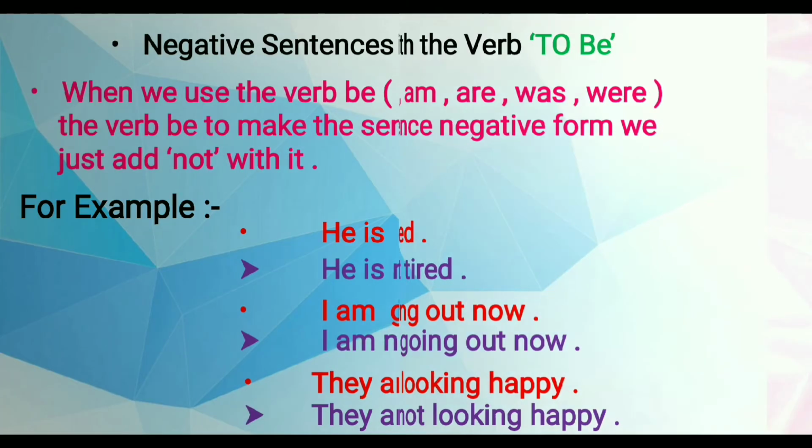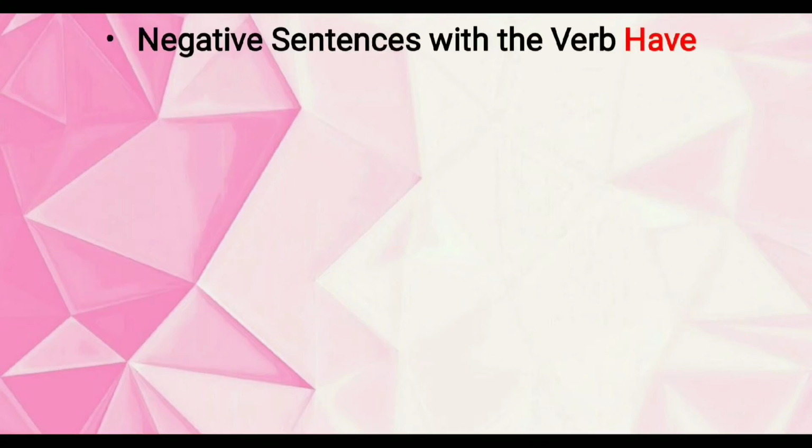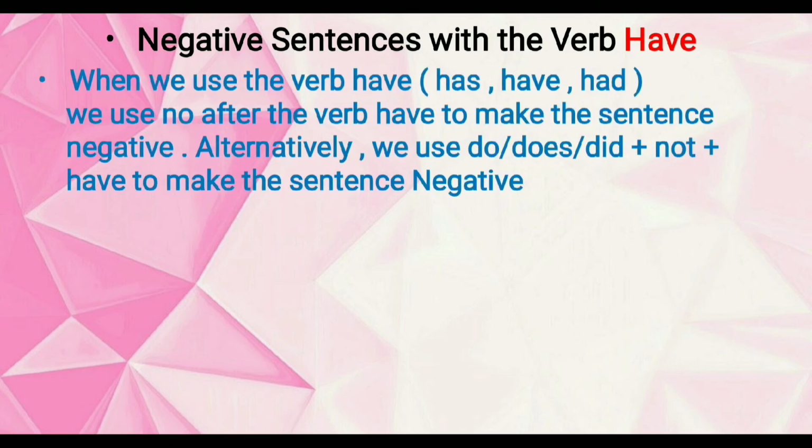Now let's move on. Our today's topic, negative sentences with verb to have. What are the verbs to have? Has, have and had are called the verbs to have. What we do? When we use the verb have, it means has, have and had, we use no after the verb have to make the sentence negative.